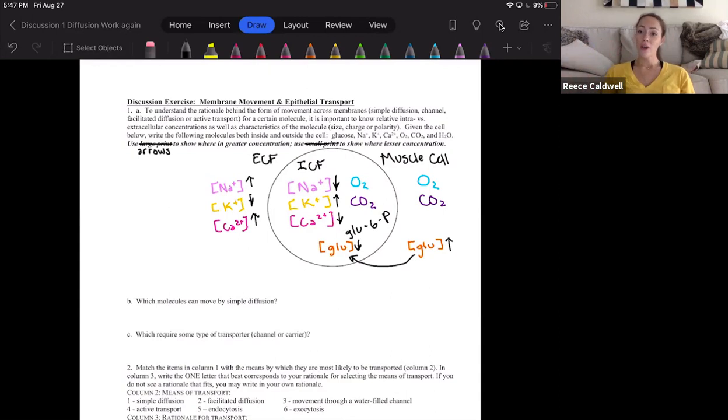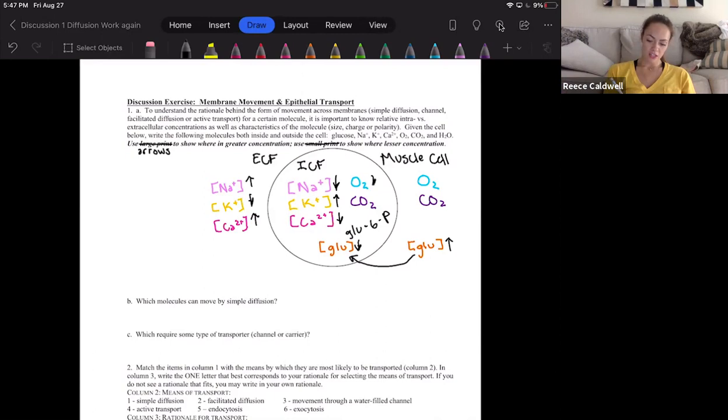It's important to know that glucose and glucose 6-phosphate are not the same thing. Therefore, we're going to have lower concentrations of glucose inside of that cell and higher concentrations of glucose 6-phosphate, which is what we can actually use to break down to form some ATP. So lastly, we have our two gases, oxygen and carbon dioxide.